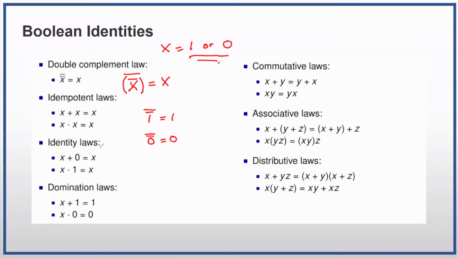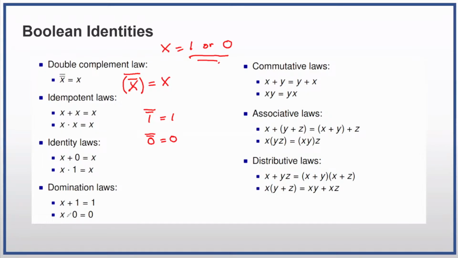The next one is the identity law. Normally 0 is considered the additive identity, and 1 is considered the multiplication identity. By the additive identity, the input should not be changed, so x plus 0 is equal to x. By the multiplication identity, in multiplication operations the input is not changed, so x dot 1 is also equal to x.